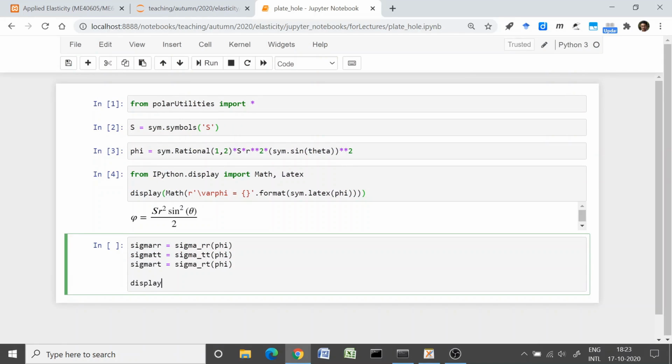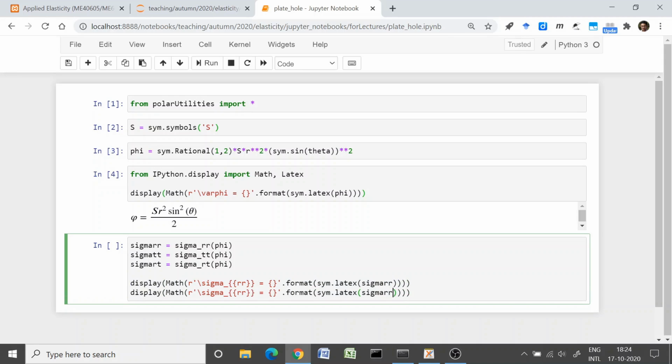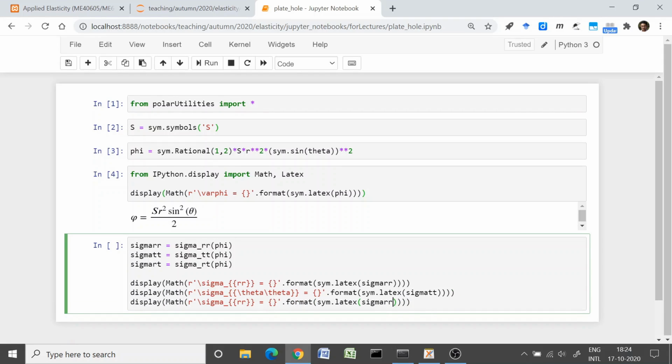And again, we display this in a nice fashion. Let me quickly copy paste the remaining two to reduce the time involved in typing. So that's my sigma theta theta, and finally for sigma r theta I have this.